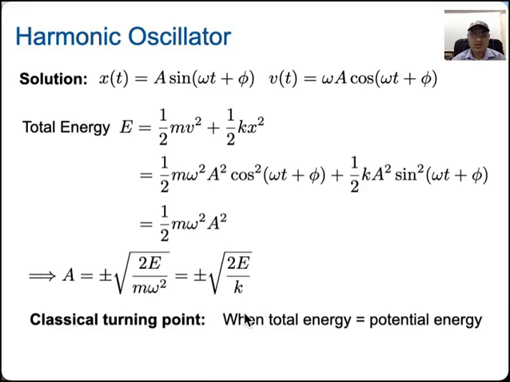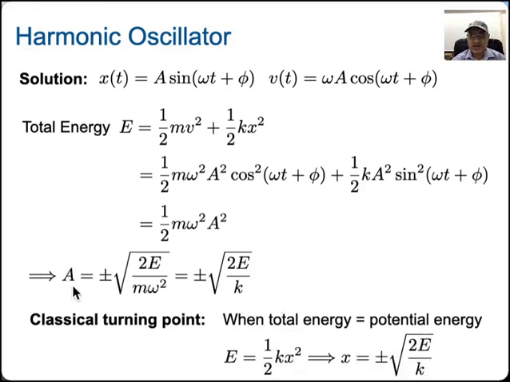So what is the classical turning point? When the total energy is equal to the potential energy, at that point I can call it the classical turning point. So let's write E equals half k x squared. This is the total energy, and this is my potential energy, and now I can write my x as plus minus the square root of 2E over k.